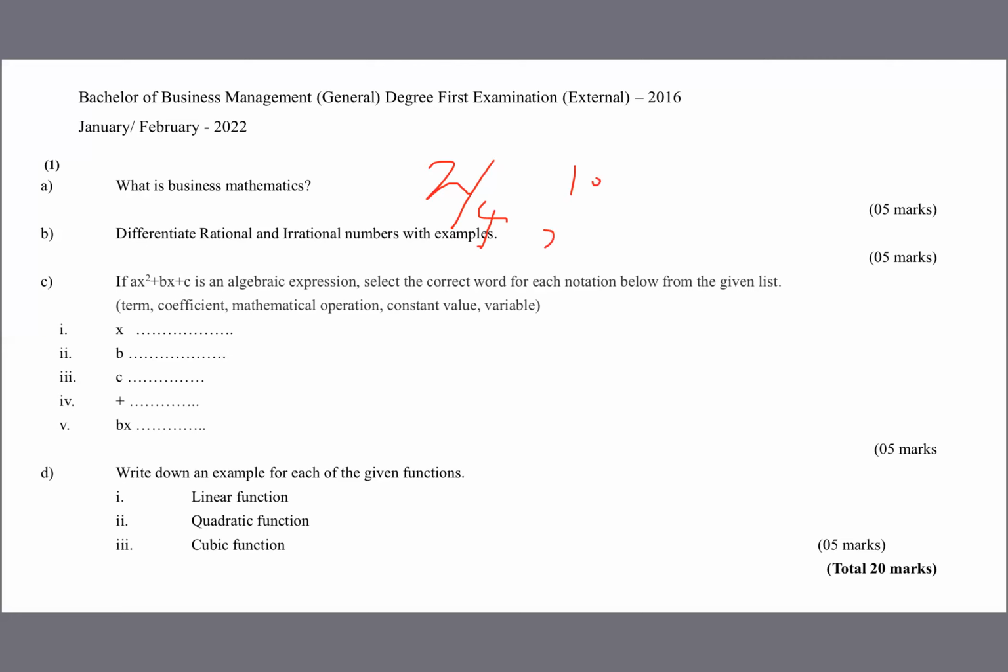And 1.5, it is a decimal, and 1.67. Or if it is recurring, that means 1.666 with the same pattern, this is also a rational number. There are several examples for the rational number.